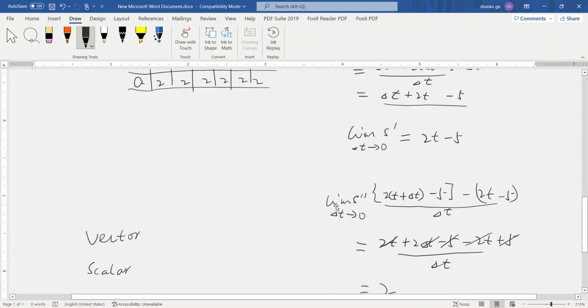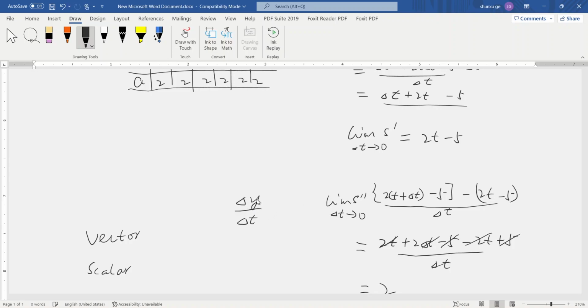Then we want to get the acceleration. It is the same process: delta y divided by delta t again. But this time we use the velocity function, not s, so we take the second derivative of s.